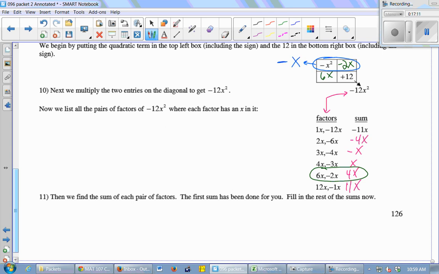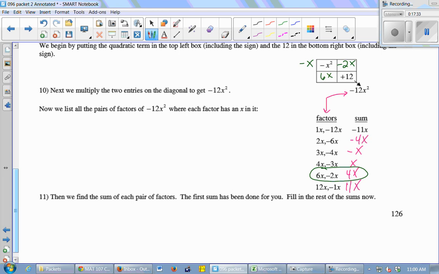So negative x. All right, I don't like that I have that circle there. That was negative 2x, and this is negative x. Okay. So that's the next thing. You look at the first row, pull out the greatest common factor.